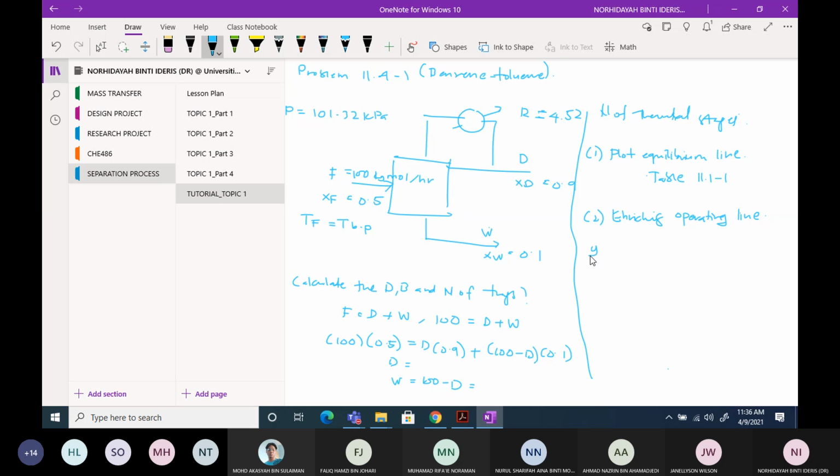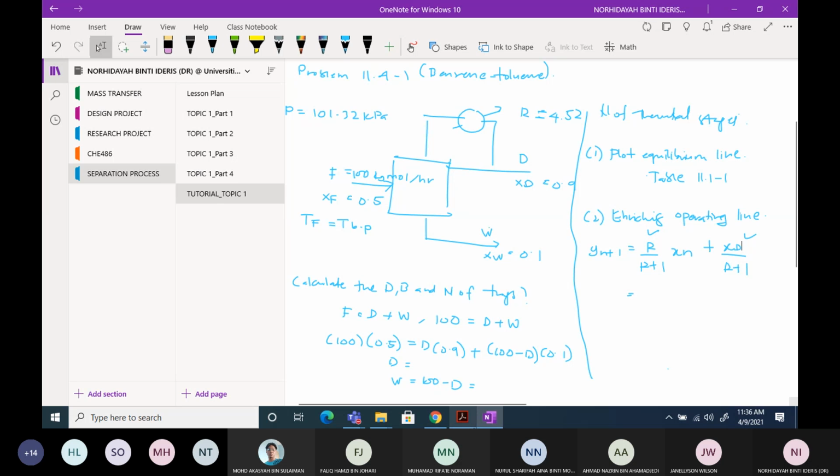Okay, if you recall, I'll flip the notes. y(n+1) is equal to R over (R plus 1) times x(n) plus xD over (R plus 1). The equation is very direct because R, you know, is equal to 4.52 and your xD is equal to 0.9, so you can eventually solve for the operating line.